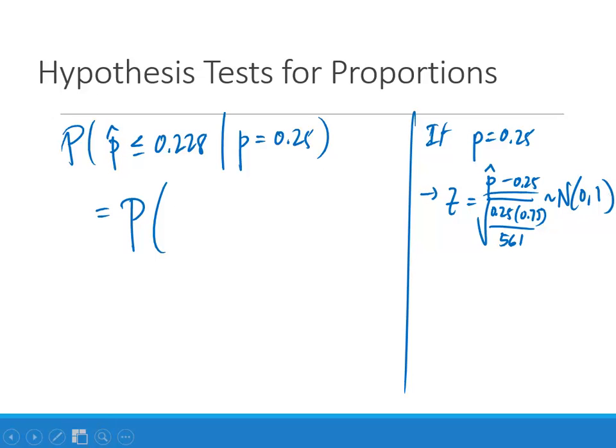If the true proportion is 0.25 and I standardize in this way, I'll get a standard normal.